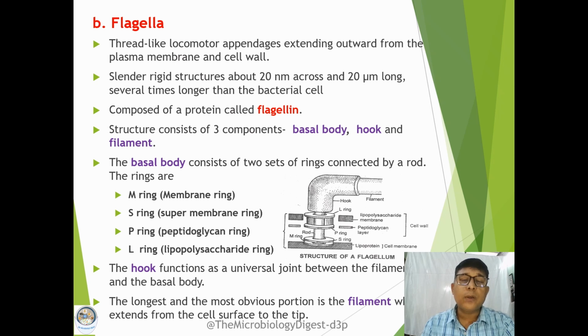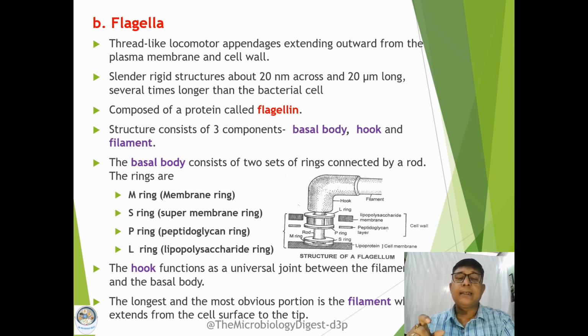The hook of the flagella acts as a universal joint between the filament and the basal body. The basal body remains inside the cytoplasmic membrane. Then the filament is a different structure which is very long, and these two structures are connected by the hook.